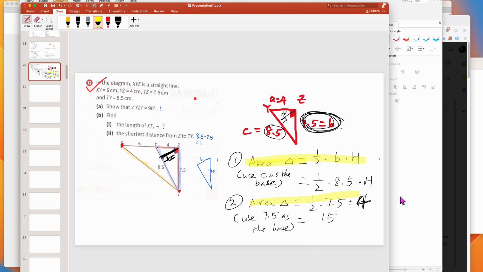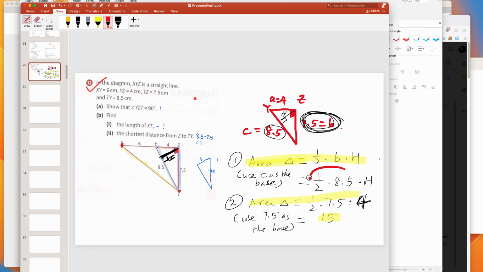The first one you use 8.5 as a base, okay. Then method 2, we use 7.5. Oh, okay. So which one can find the area? Correct. So once you find the area of the triangle, can you see? 15. Okay. So if area of the triangle is 15, you can actually do this.